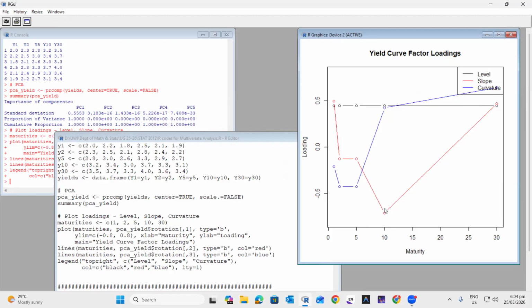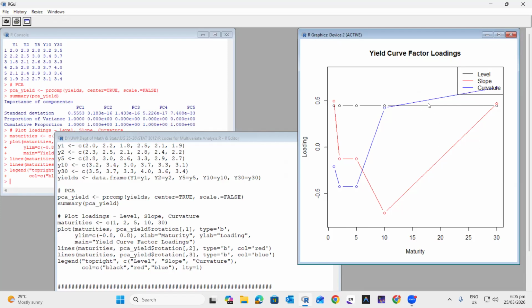Then it rises again for the 30-year. From 5 to 10 years it goes downwards, and then up to 30 it sharply increases. So this captures the steepening of the yield curve.